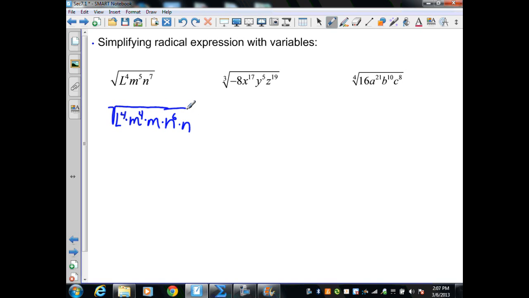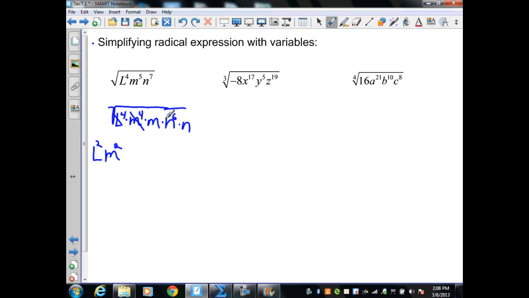Now, all the exponents that are going to be divisible by the index will come out of the radical, and the others will stay inside. So let's take a look. I have an even index, so I'm going to have L to the 4th. The square root of L to the 4th is L squared, or L squared times L squared is L to the 4th. M to the 4th is M squared. And notice those will be taken out of the radical.